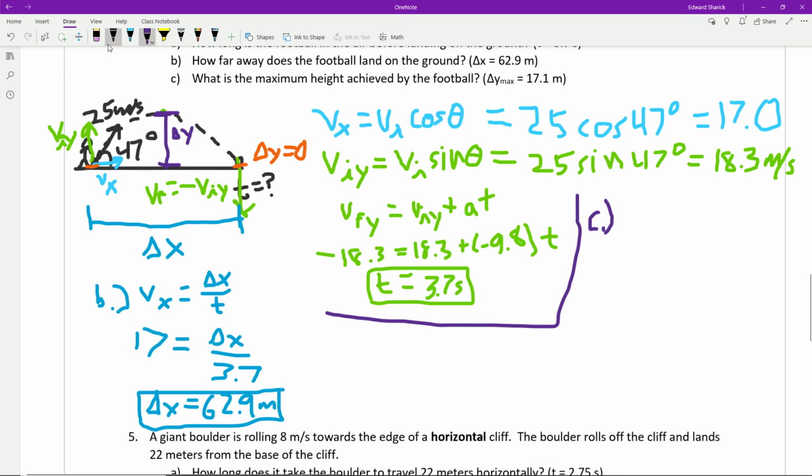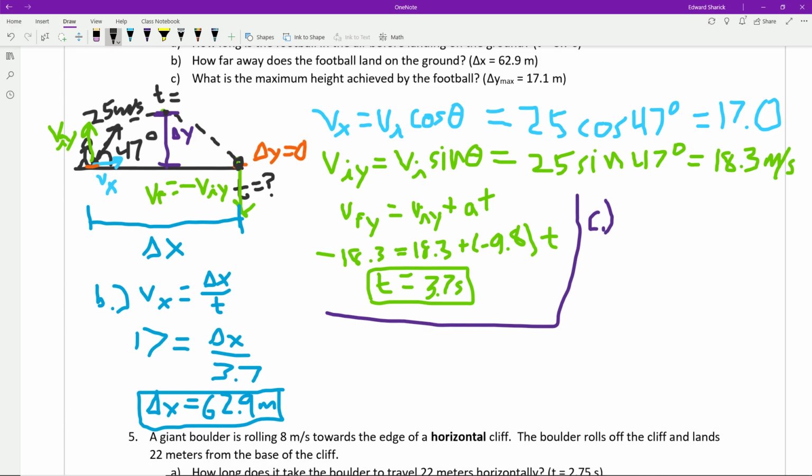And what you have to realize about this is, well, the time that it takes for it to reach here is actually half the time that it takes to get all the way down to here. So this 3.7 seconds that I calculated in part A, I can't use that. But what I can do is I can use half of that as my time.